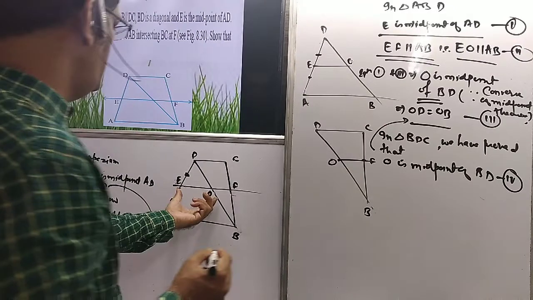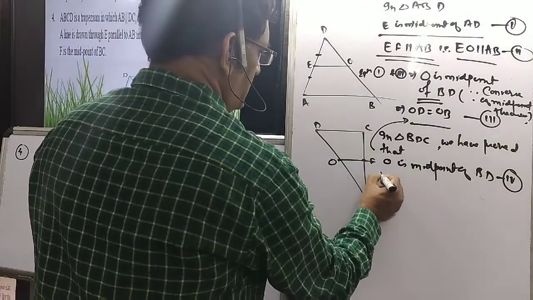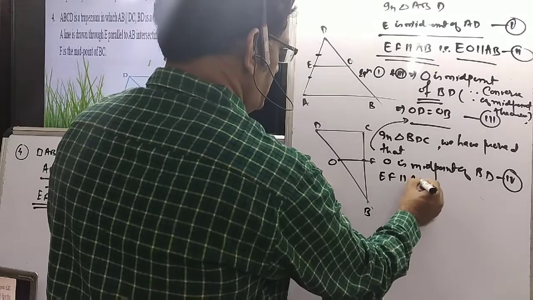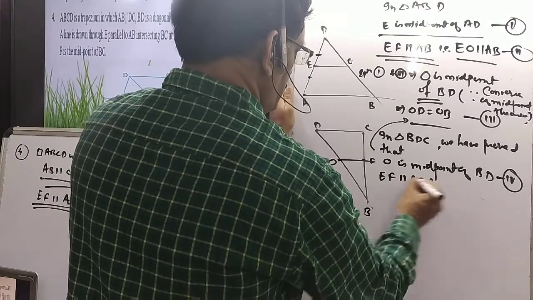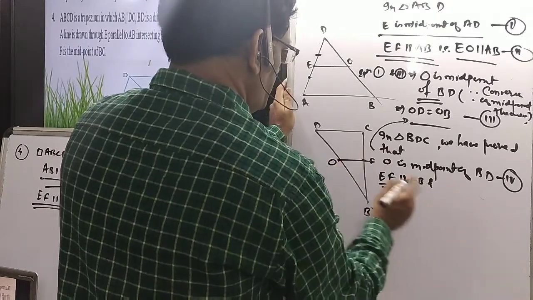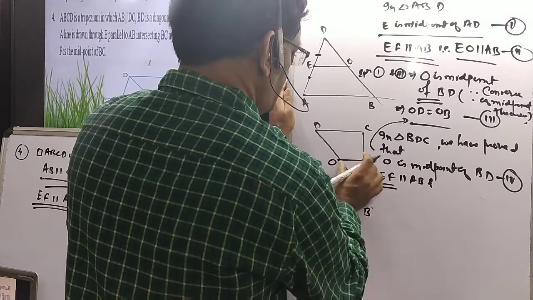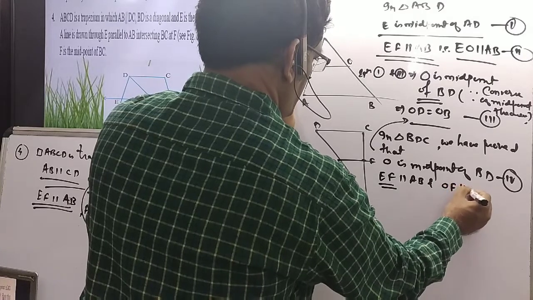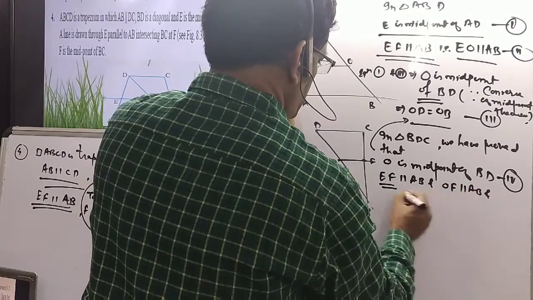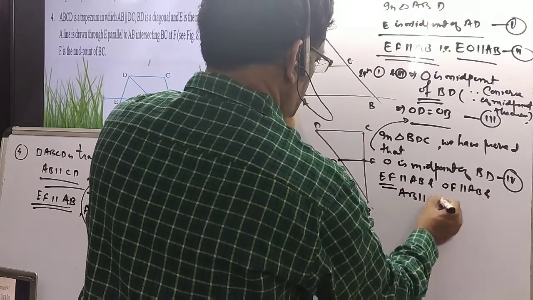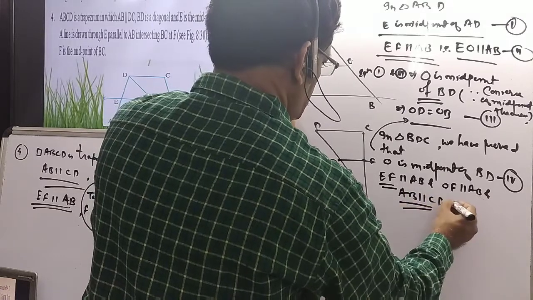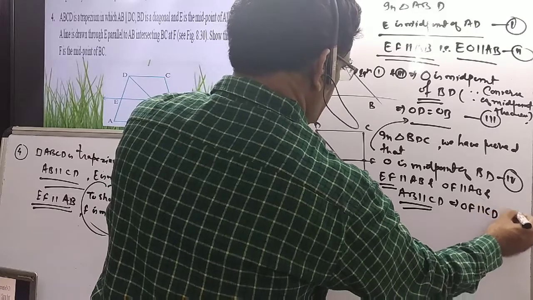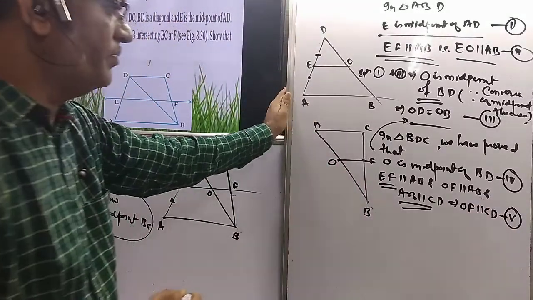And again, EF parallel to AB, and OF is part of EF, means OF parallel to AB, and AB parallel to CD implies OF parallel to CD, and this is statement number 5.